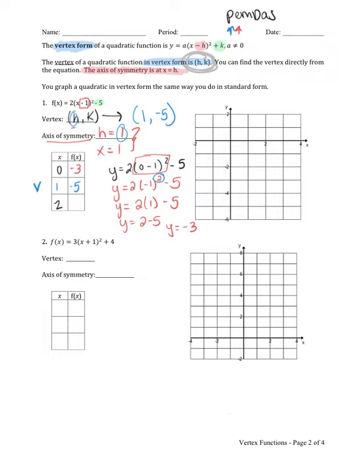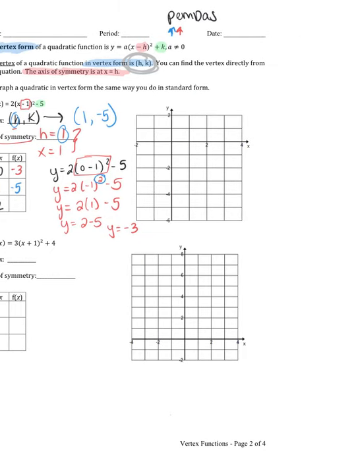Then I need to do the same exact thing, but I need to plug in a 2 for my x. So I'm going to slide over, and I'm going to do it over here. So y equals 2 minus 1 squared minus 5. Anywhere I saw an x, I plugged in a 2, which was right there.